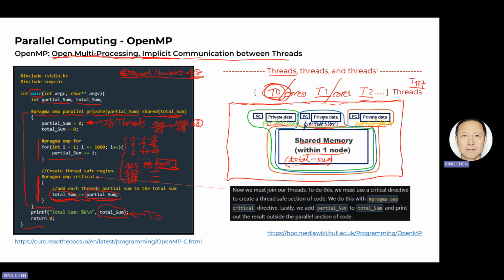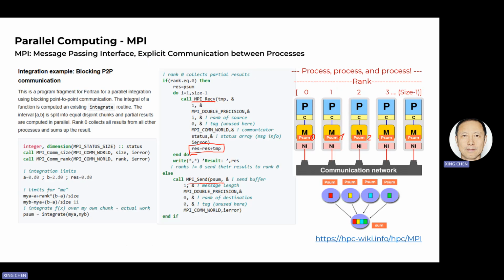Like for MPI programs. For MPI programs, all the other processes have to put their PSUM physically onto the communication network, and this PSUM will be sent to process 0.